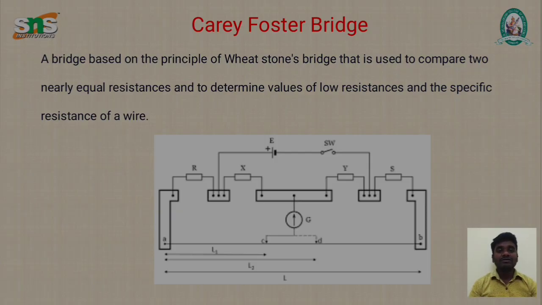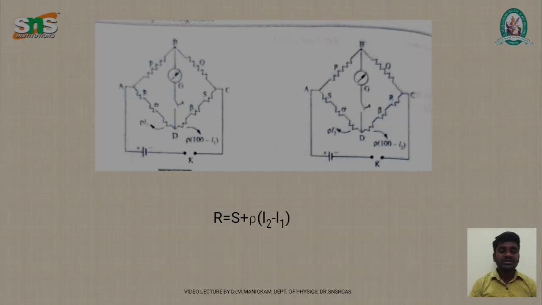Then the equivalent circuit for both setups is this. This is the equivalent circuit for the Carey Foster Bridge. We are keeping R on the left hand side and S on the right hand side. So this first circuit shows the equivalent circuit for that setup. Then the second circuit shows the equivalent circuit for the second setup, where S is kept on the left hand side and R on the right hand side.